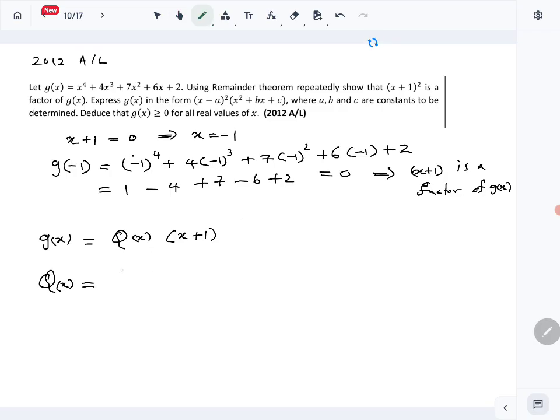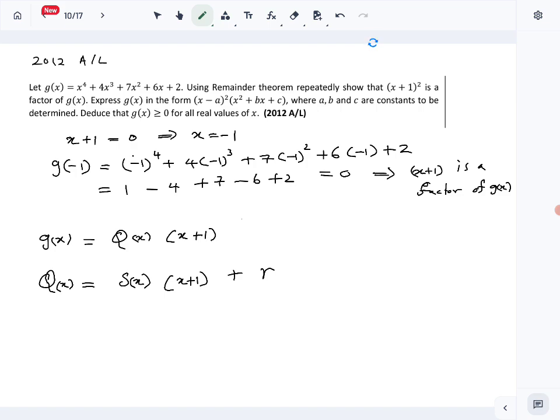So let me divide q of x by x plus 1. When we divide q of x by x plus 1, what should we get? You will get s of x as the quotient, and the remainder has to be constant, r, right.